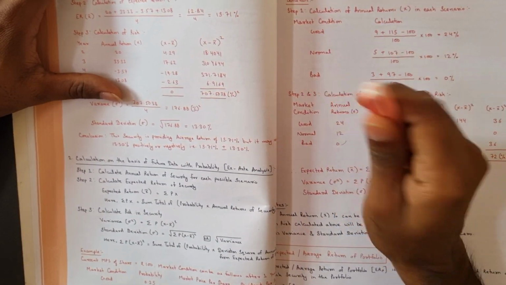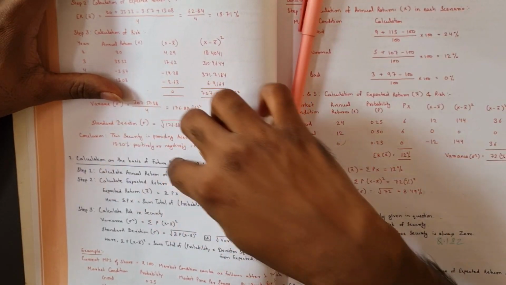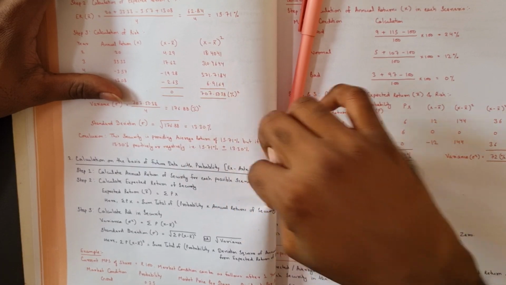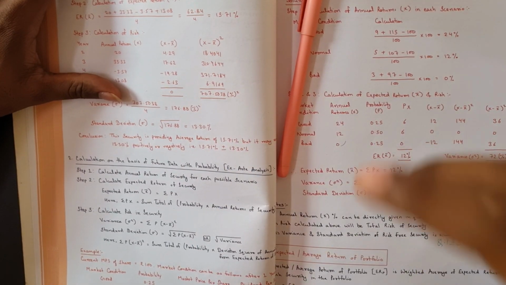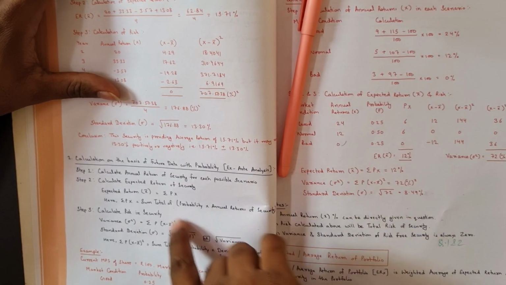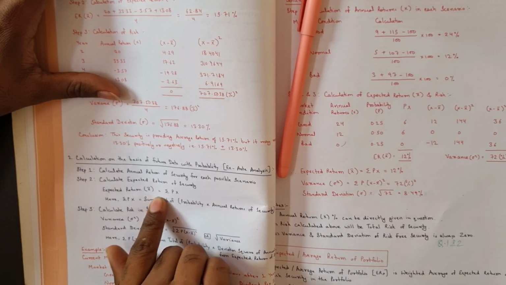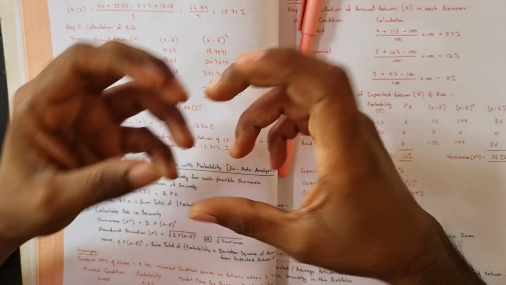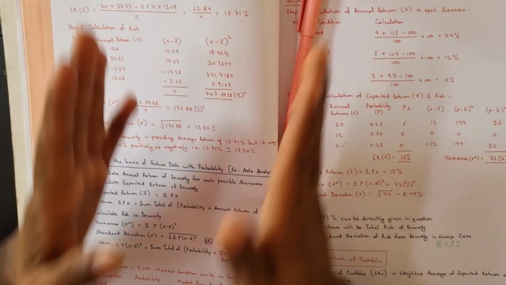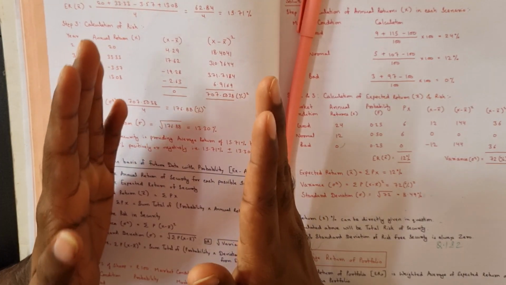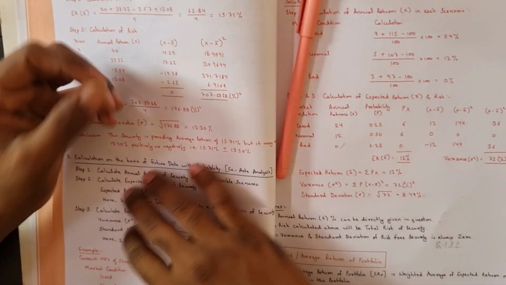The annual return of security for each possible scenario. Calculate annual return for security for each possible scenario. How will we calculate? First we'll take our annual return into your probability.